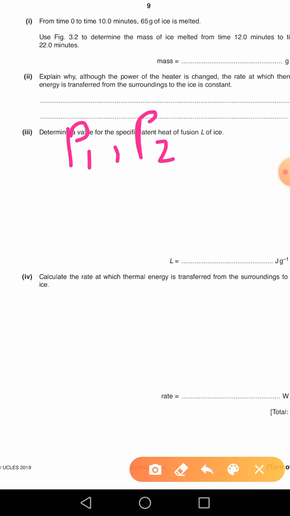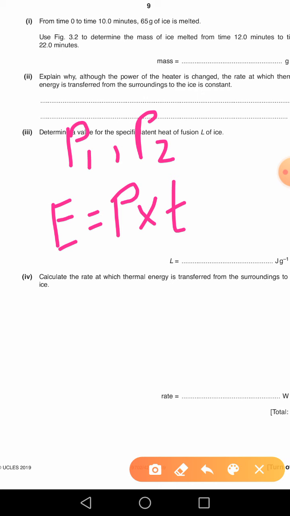Now you know that energy supplied by the heater is equal to power into time. You have been studying this since your lower secondary or O levels.